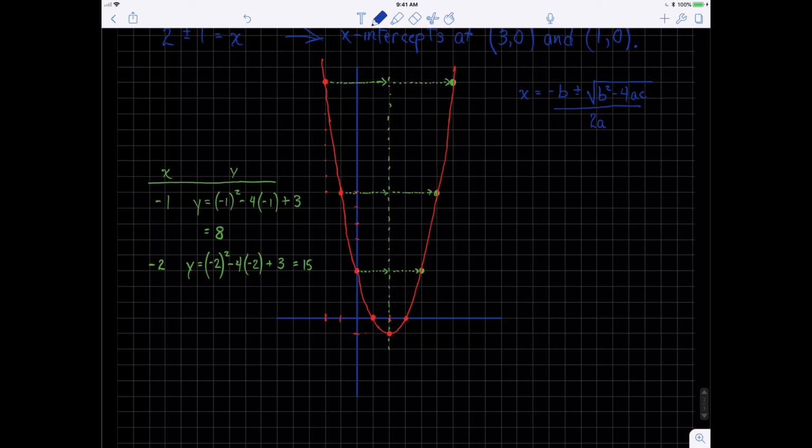But before we even got there, when we derived this, we said you can also look at it as -b over 2a plus or minus the square root of b squared minus 4ac over 2a.